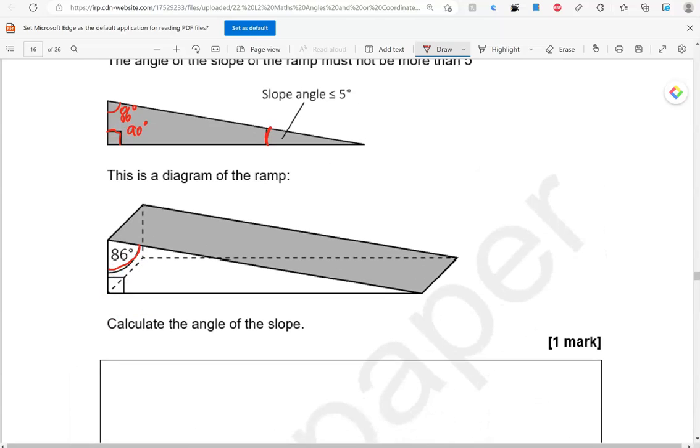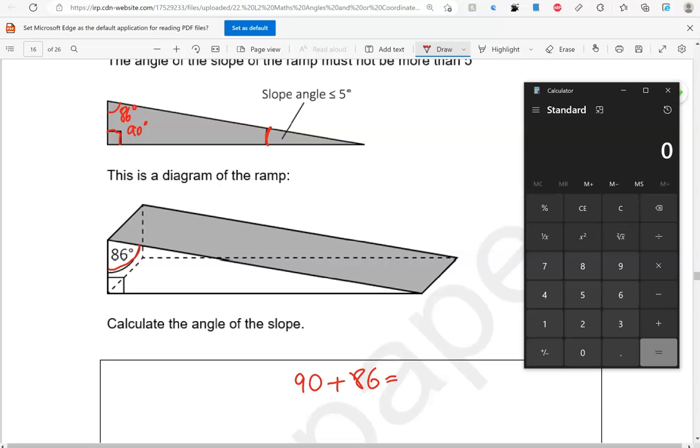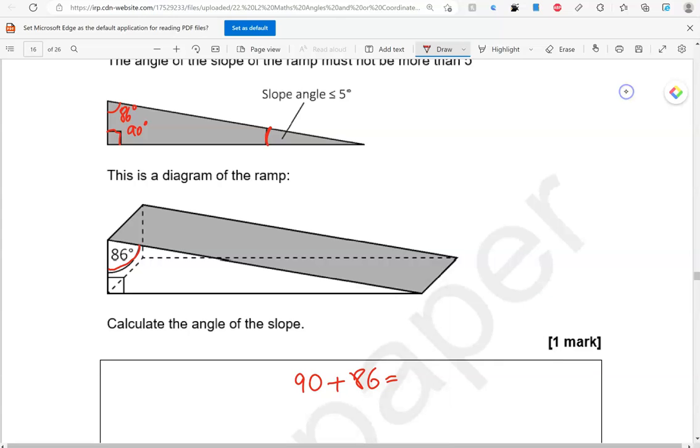So if we add 90 and 86, gives us 176. 180 degrees, take away 176, that gives us 4.